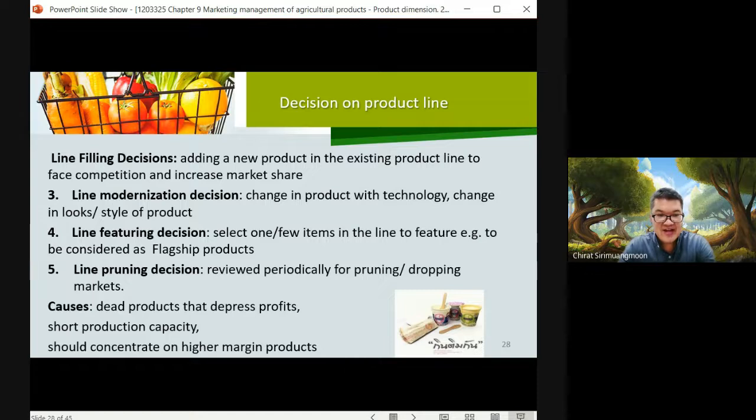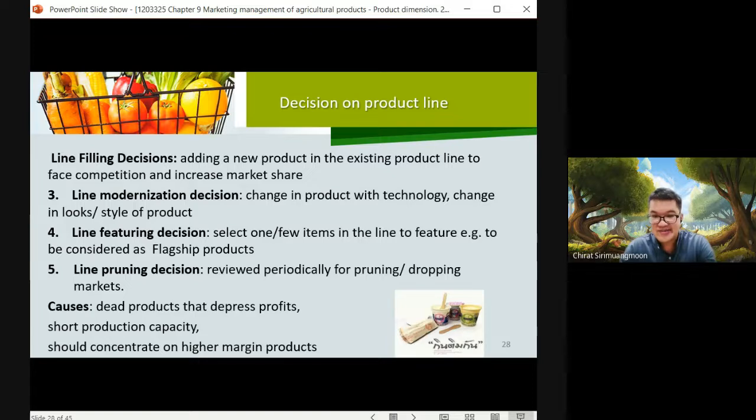We also have three other decisions that you can make. First, the line modernization decision. Sometimes when you think about the product line, you might need to think about the technology you will use, or the modern technology that we can apply to new products. So this is line modernization.